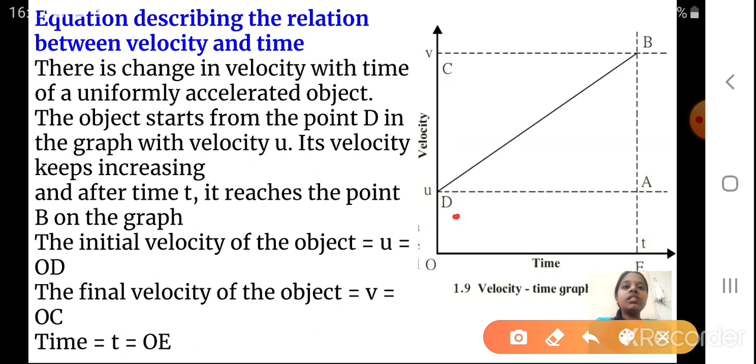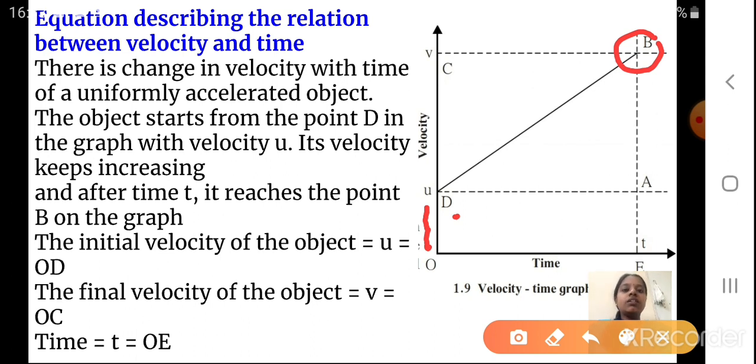Between O and D, the object is at rest, so the initial velocity u is 0. Its velocity keeps increasing, and after time t it reaches the point B on the graph.